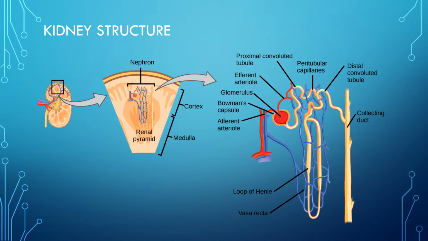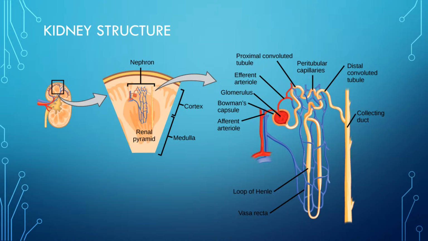The nephron consists of renal corpuscles, a tubule, and a capillary network that originates from the small cortical arteries. Each renal corpuscle is composed of the glomerulus, which is a network of capillaries, and a Bowman's capsule, which is the cup-shaped chamber that surrounds it. The glomerulus connects to a long convoluted renal tubule, which is divided into three functional groups. These consist of the loop of Henle, the proximal convoluted tubule, and the distal convoluted tubule.